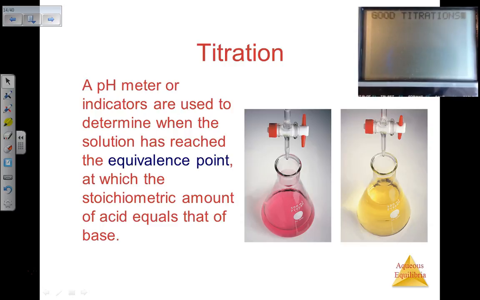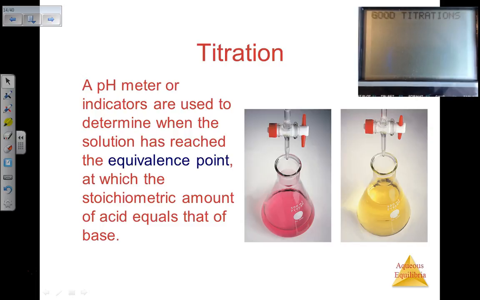Now, a titration, just so everybody knows, is a way of adding a strong acid or strong base to a weak acid or weak base. And by doing that, that changes the pH. Now, keep in mind that a buffer is something that resists change to pH.